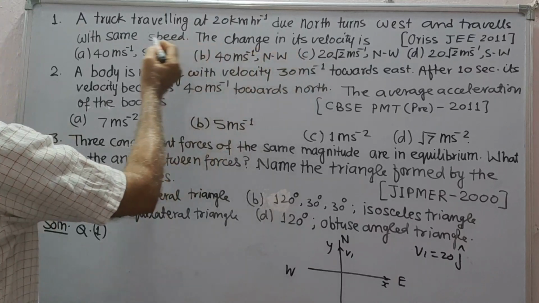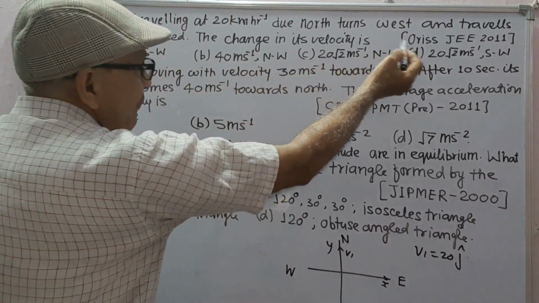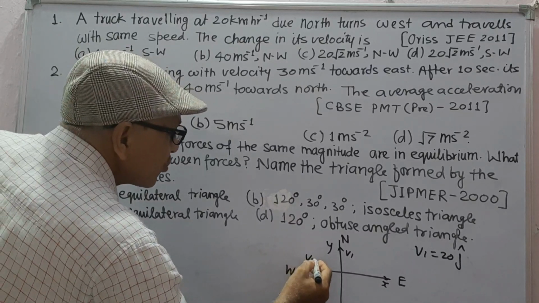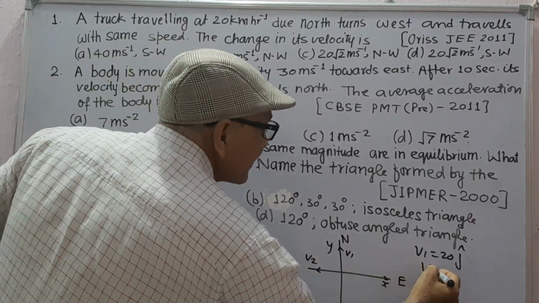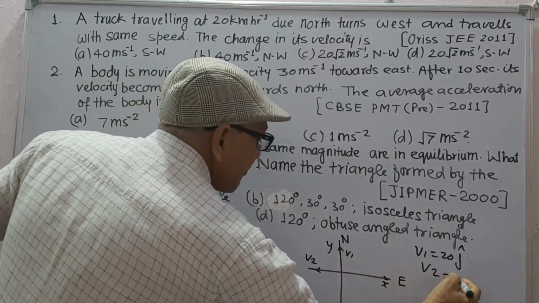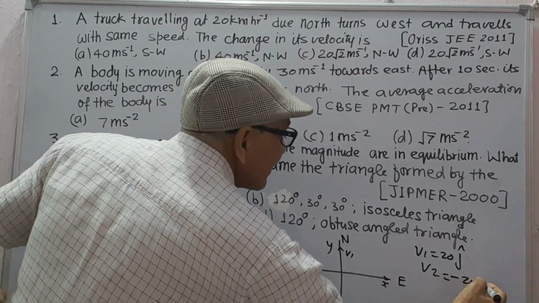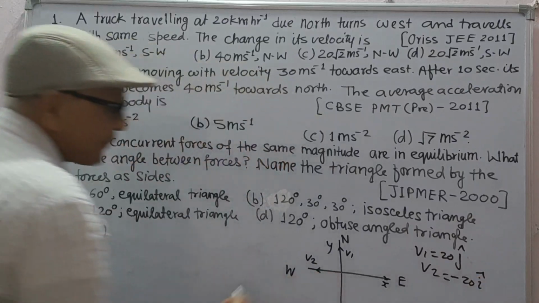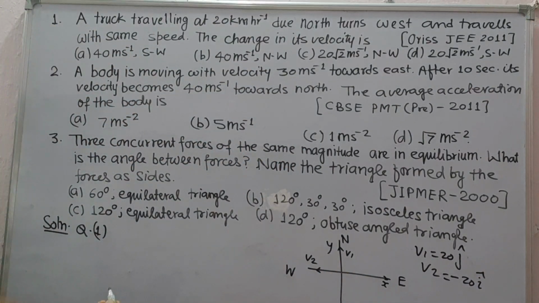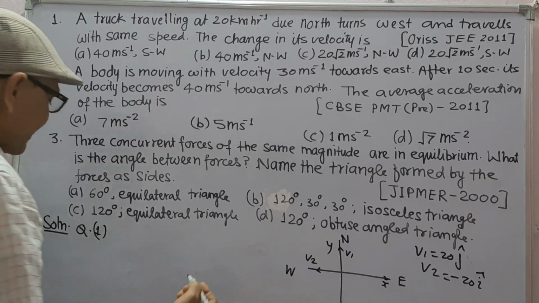Then it travels west. West means this side. V2 is minus 20 i unit vector in negative x direction. Then we have to find the velocity change.